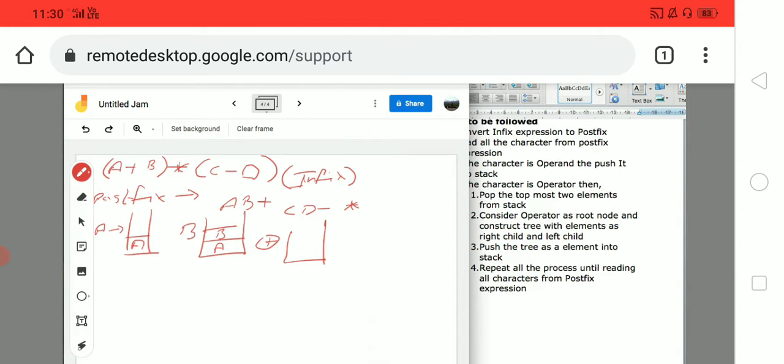We have to pop the topmost two elements and construct a small tree with the help of this operator, that means AB. Here I used plus as the root node, A as the left node and B as the right node, and I push it into the stack. Now another element is C.